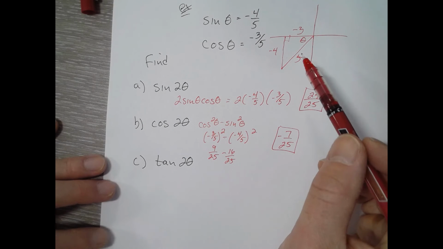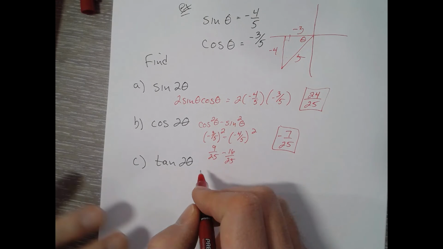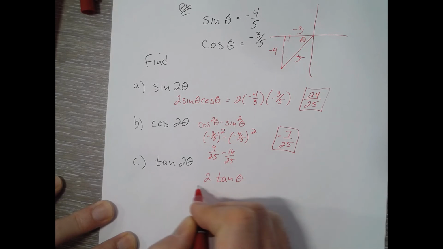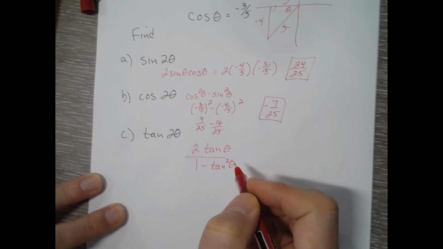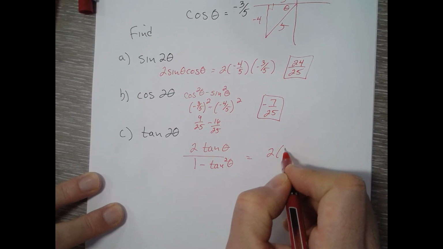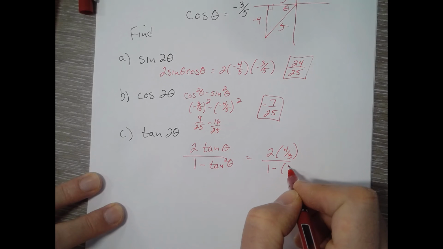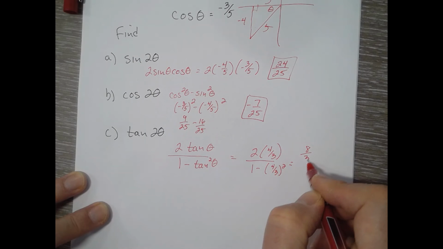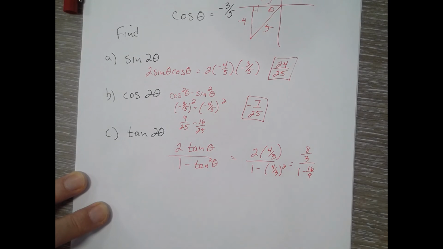So if we used our formula, it would be 2 tangent of theta over 1 minus tangent squared theta. So it's 2 times 4/3 over 1 minus 4/3 squared. So 8/3 over 1 minus 16/9.